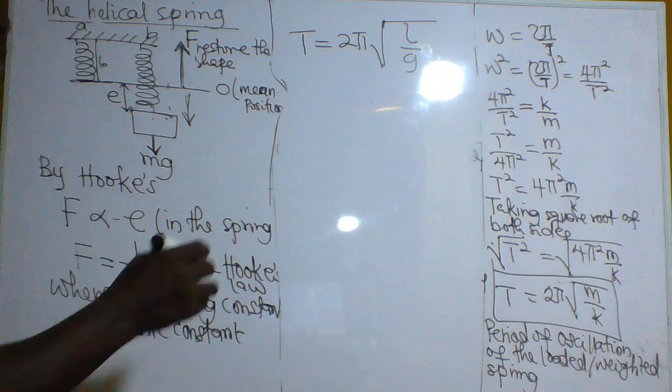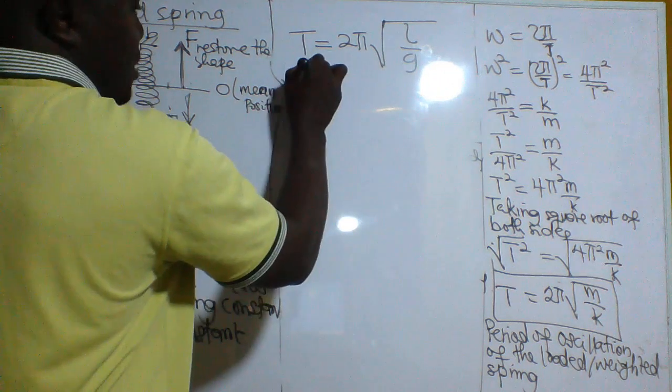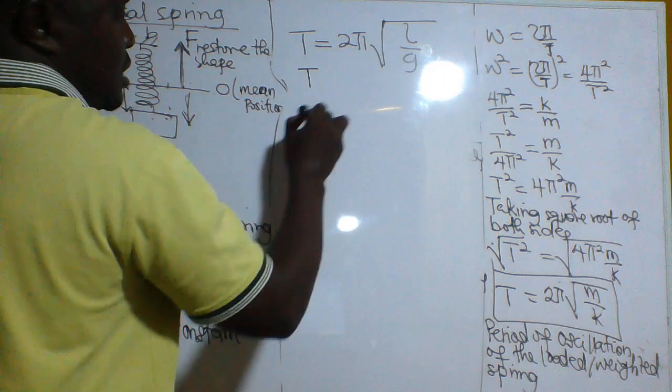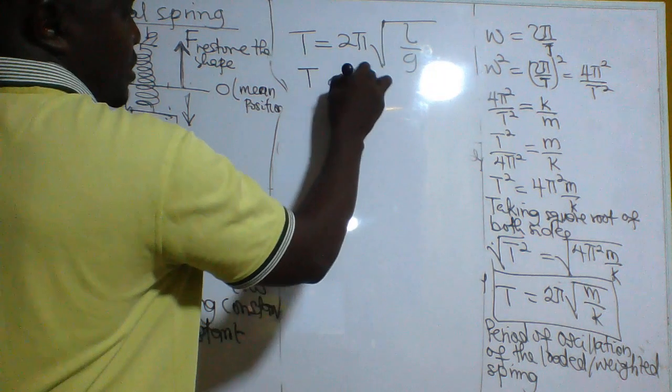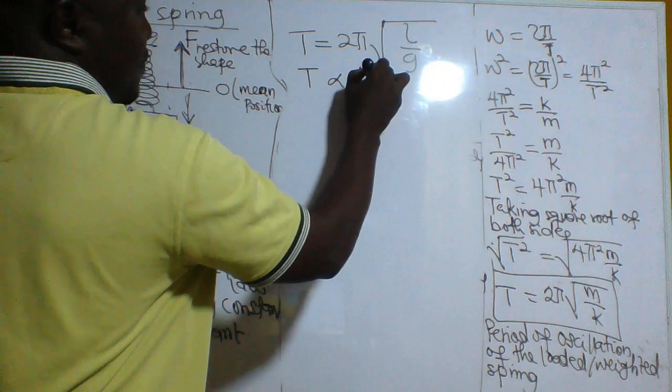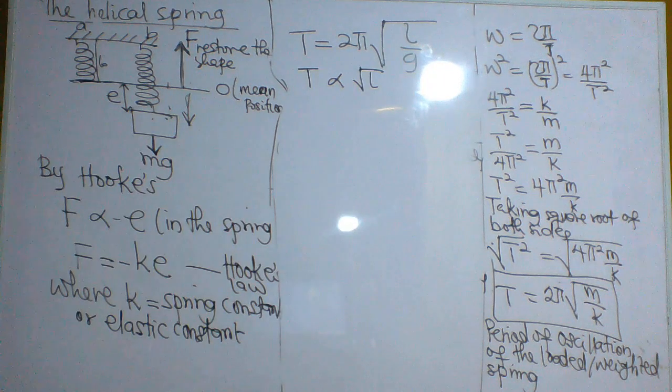So here we realize that the period of oscillation T is directly proportional to the square root of the length of the spring.